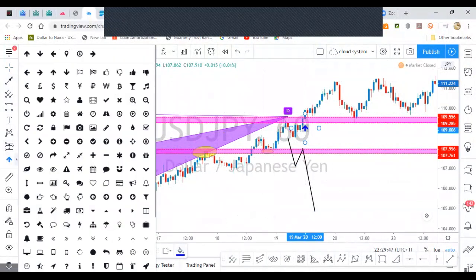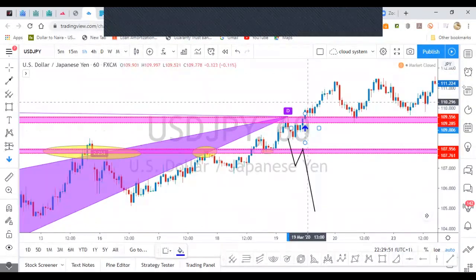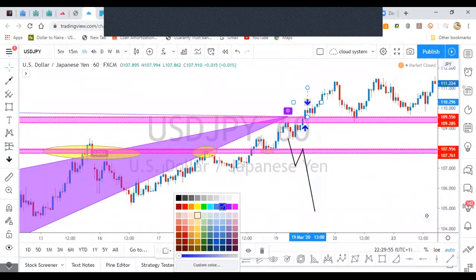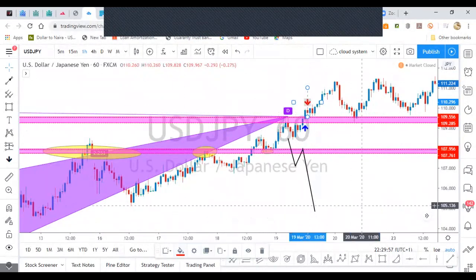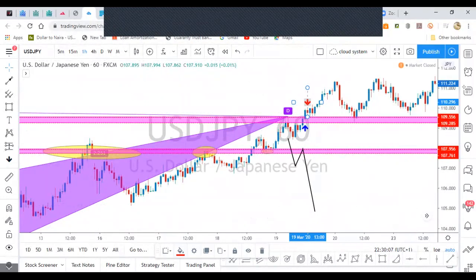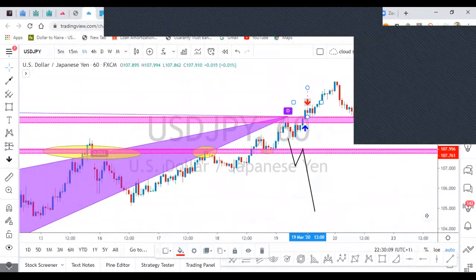Meanwhile, the candle here came back into the zone, right? If this is clear so far, I want you to put in a 9 in the chat box.